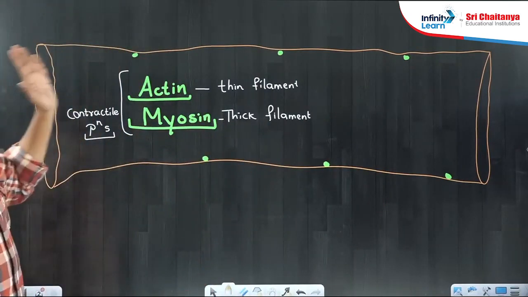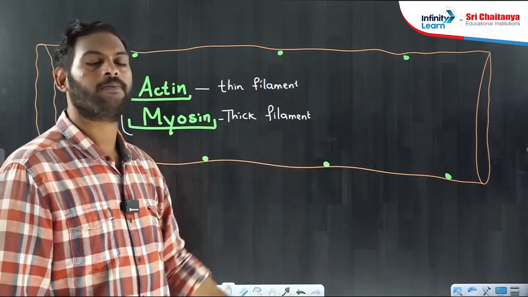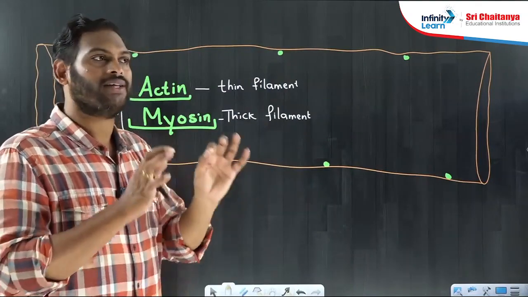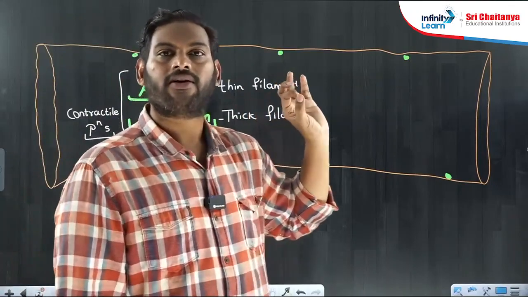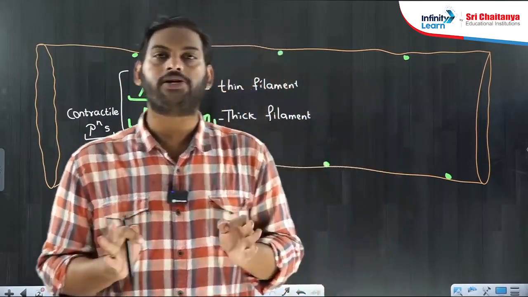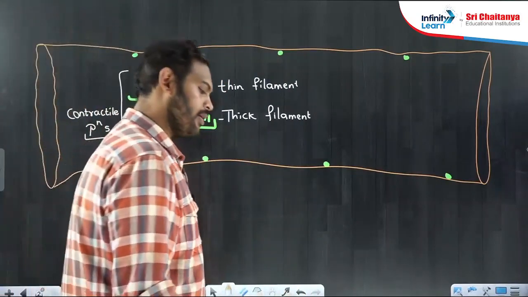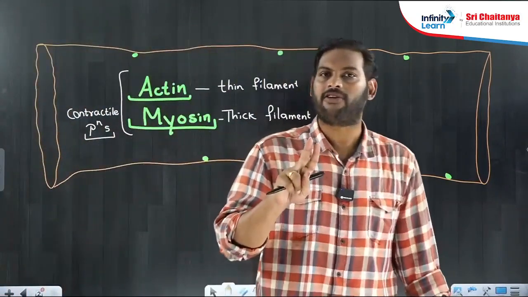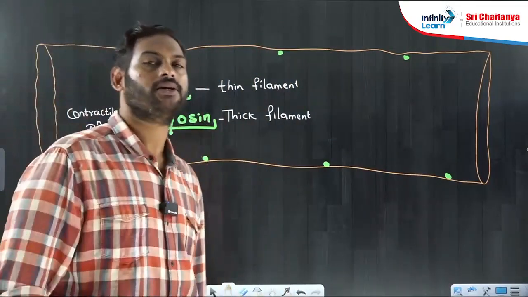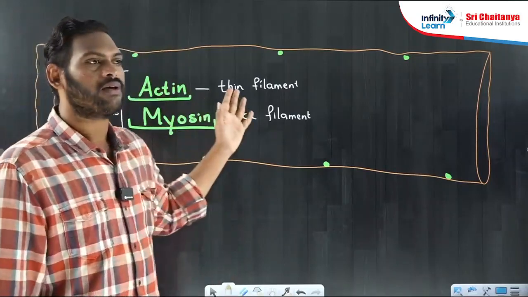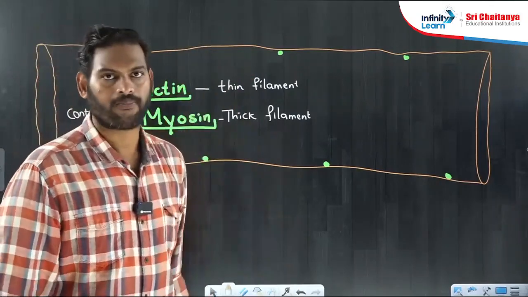And these actin thin filaments and myosin thick filaments are arranged inside the muscle fiber in such a way that they will appear as striations or stripes. Thin actin filaments and thick myosin filaments are arranged so that we can see striations inside a muscle cell.